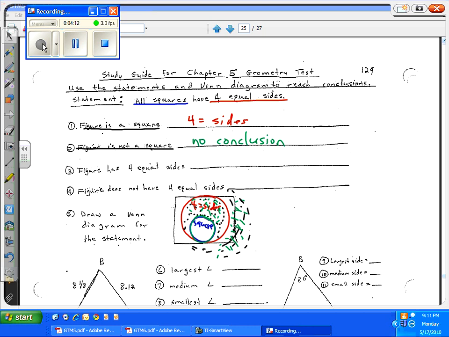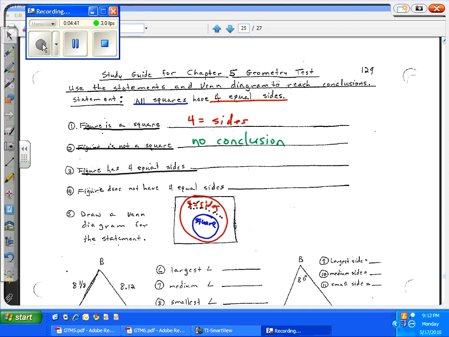Okay, a figure has four equal sides. Well, we got to start with our Venn diagram again. Four equal sides, square. If it has four equal sides, then it's in the big circle.